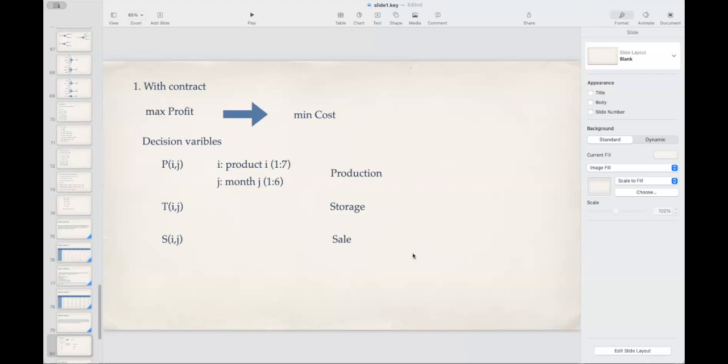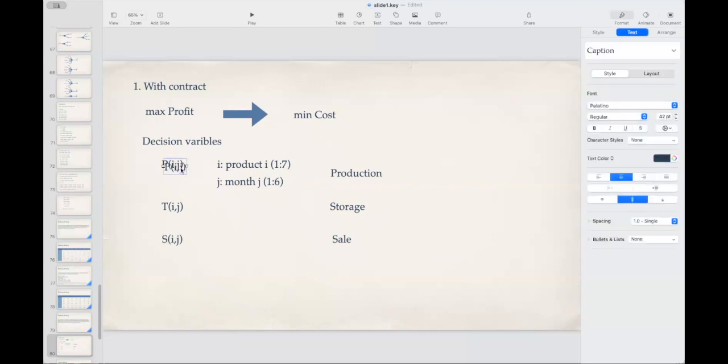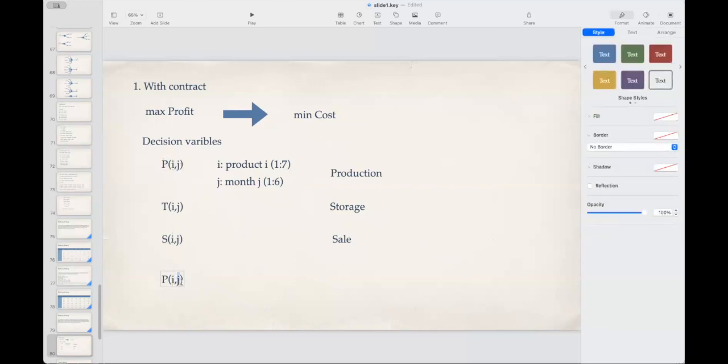Okay. Next one is the multi-period constraint for P1. For example, because I is product, it applies for 1 to 7, it is the same.